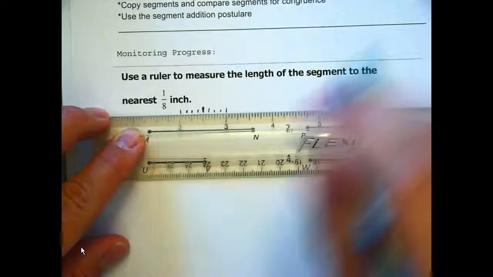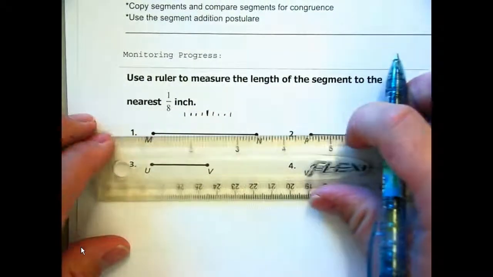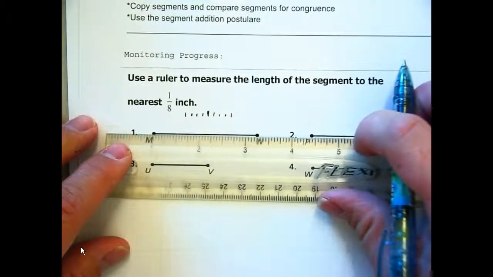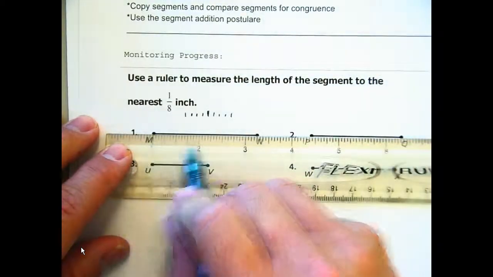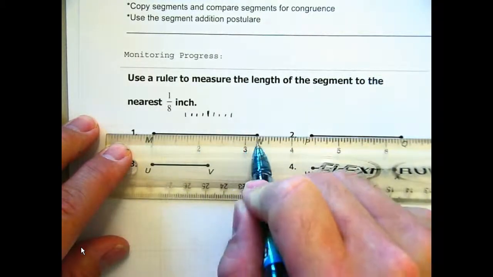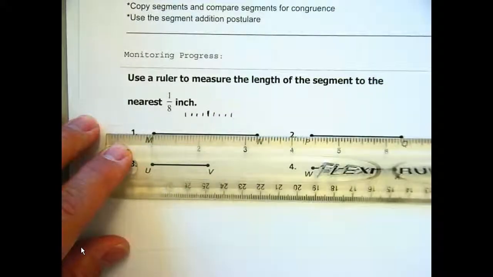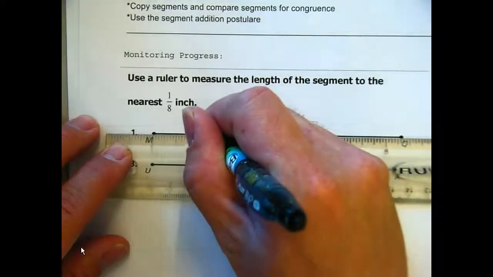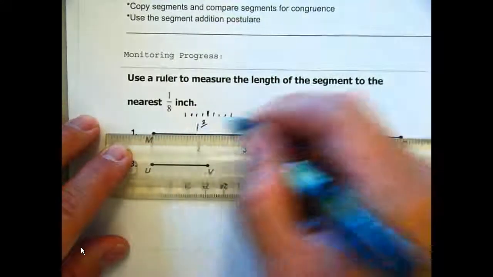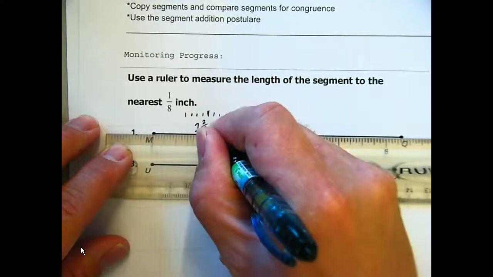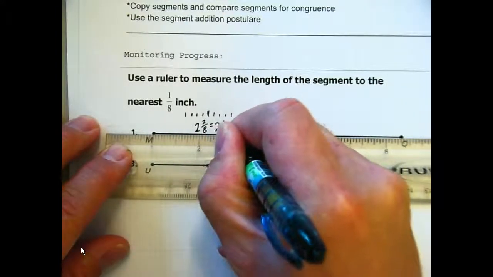So if I'm going to the nearest eighth, if I start at 1, I put the 1 in the middle of the dot and move over, I have 1 inch, 2 inches, and 1/8, 2/8. Now yours is going to be different. By the way, I'm sorry, I have 2 and 2/8. 2 and 2/8 is 2 and 1/4.